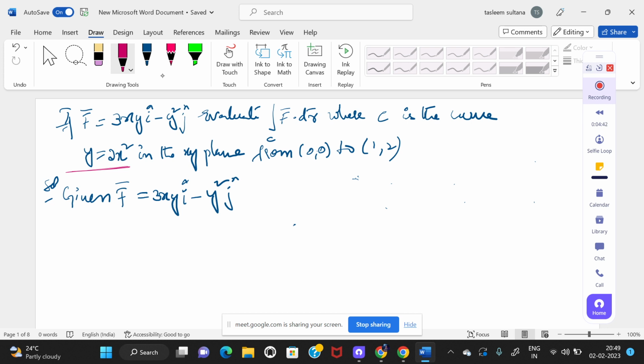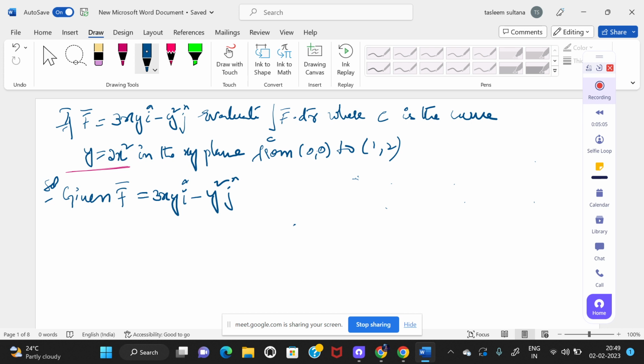See here, they have given us one point. With the help of this one, we can make that equation into one variable term. Z is equals to 0 because this k vector is not given to us. So in that case, our z will become 0. It is only in the xy plane. We are having only x and y.